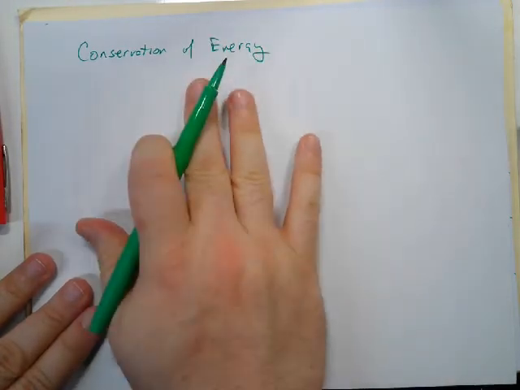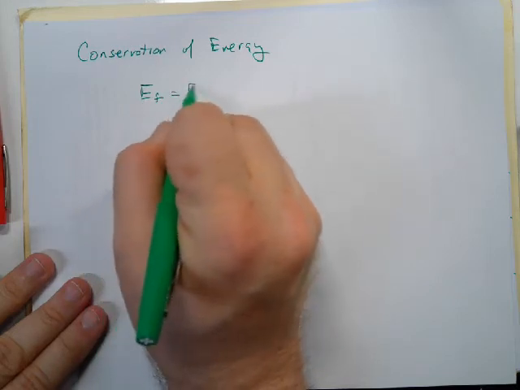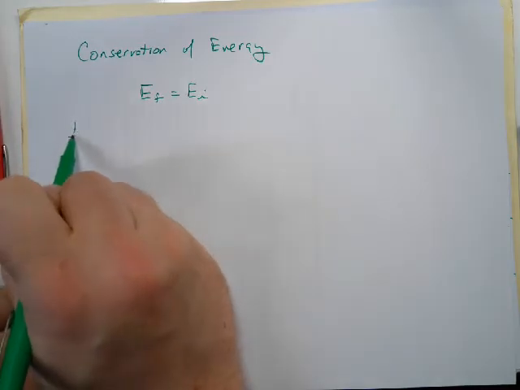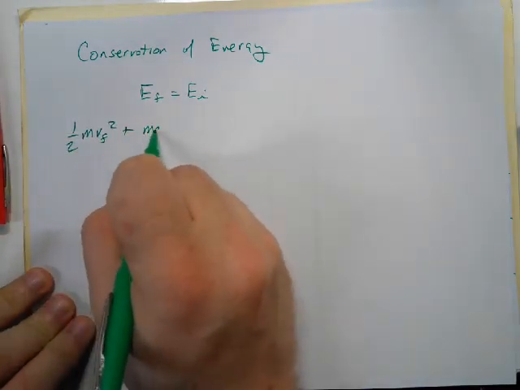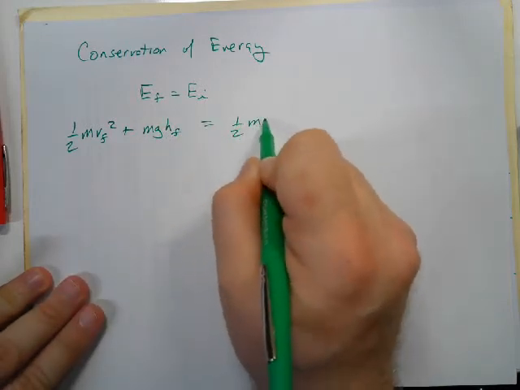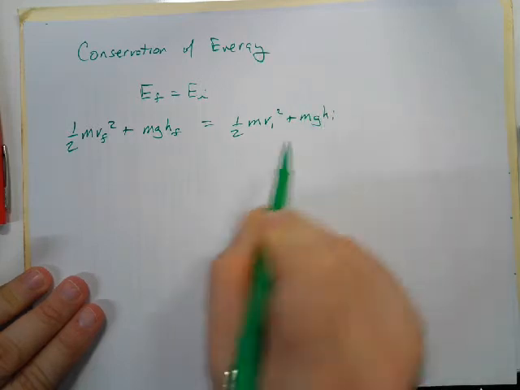So for conservation of energy, you're going to do E final is E initial. And you're going to say what those are on each side. 1/2 m V final squared plus mg H final is 1/2 m V initial squared plus mg H initial.